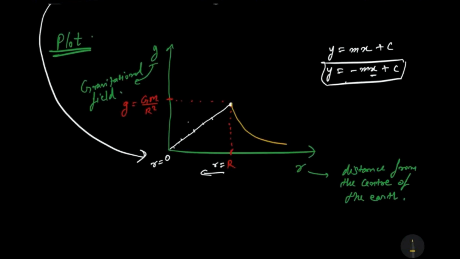Here, g is proportional to r on this side, and here g is proportional to 1 by r square, or g is decreasing as per the inverse square law, whereas in the first case, if you're going from the center outward, it's increasing. If you're going from the opposite way, then it's decreasing, the same thing. So it's proportional to r basically.